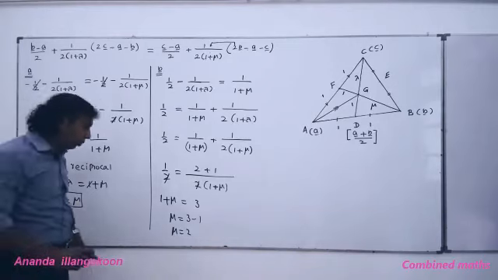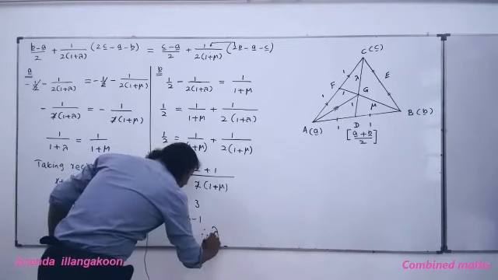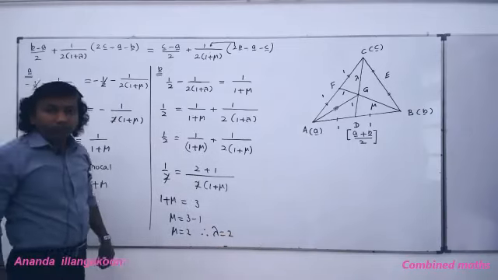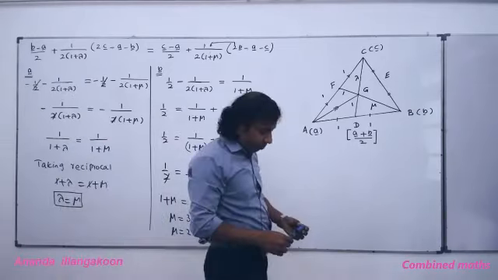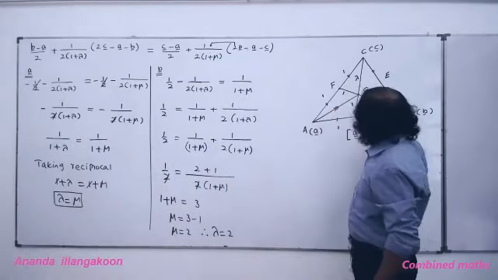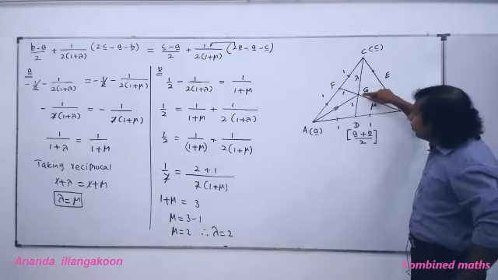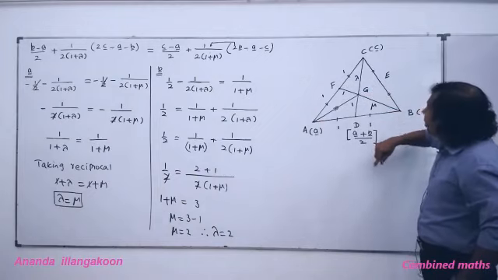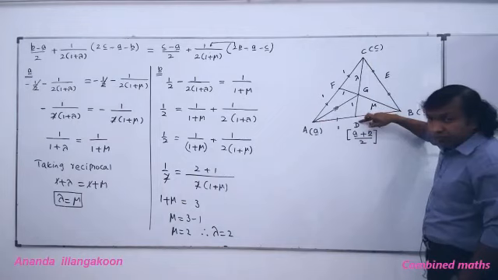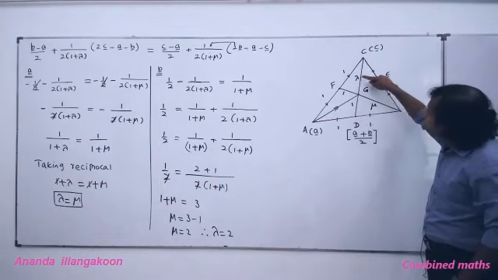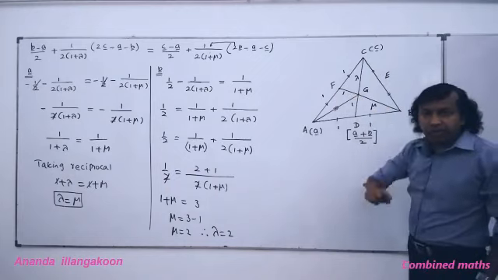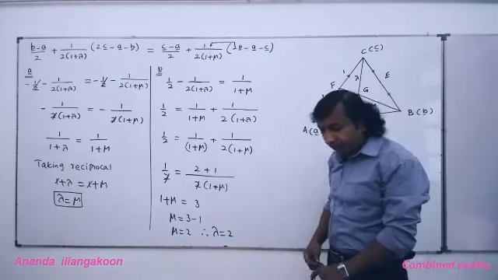Therefore, lambda is also 2. Now, we got the first answer. What is that, people? This point G divides this median BF and this median CD in the ratio 2 is to 1. Mu is 2, no? 2 is to 1. That part is okay. Right, people?